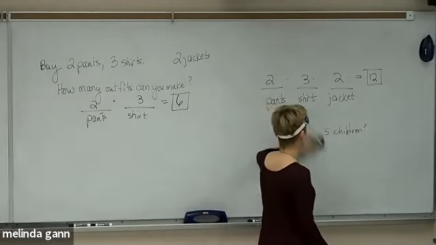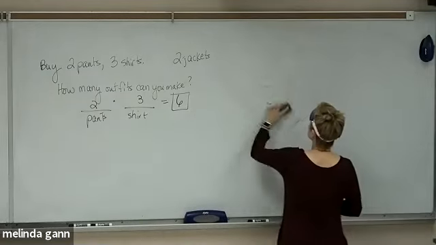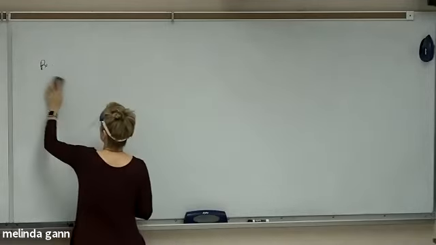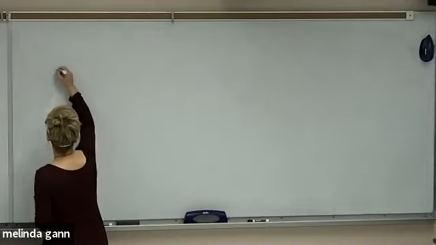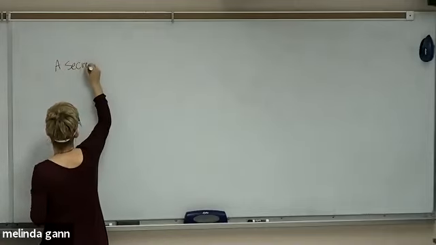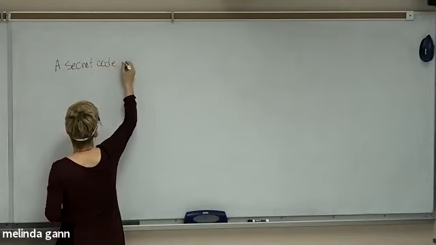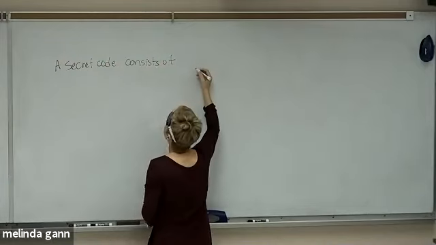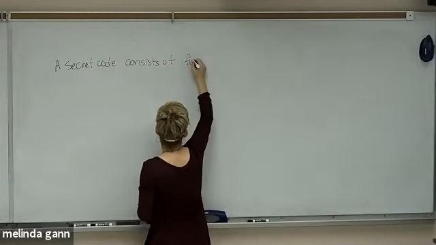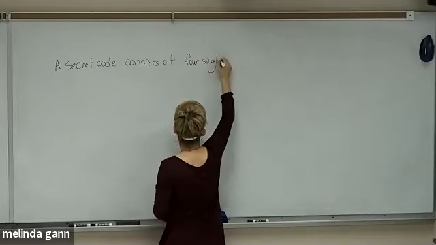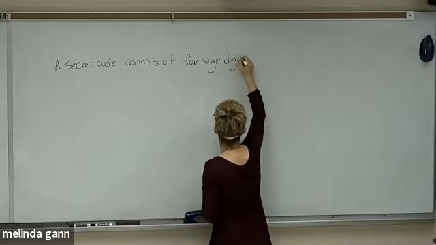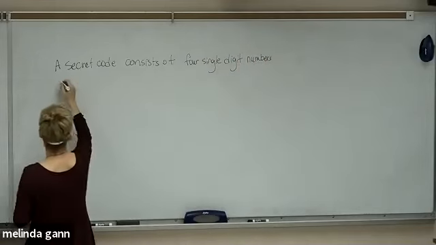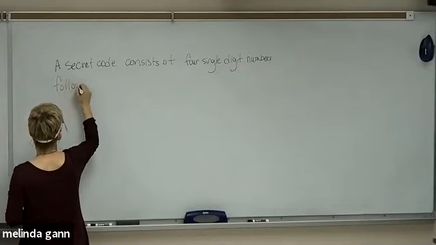Let's say that you're going to make a secret code. All right, suppose a secret code consists of 4 single-digit numbers followed by 3 letters of the alphabet. This one's pretty good.